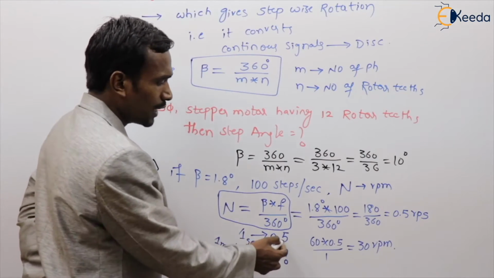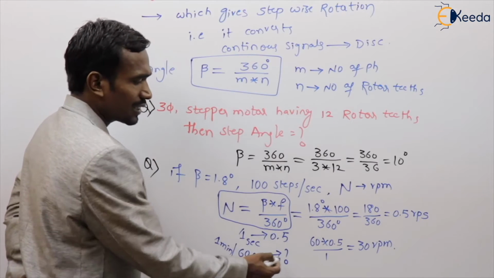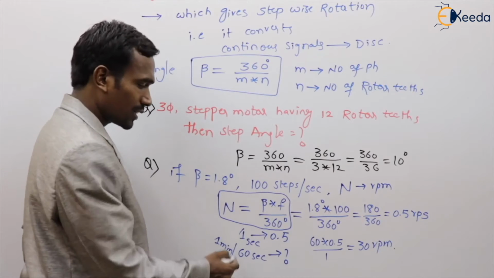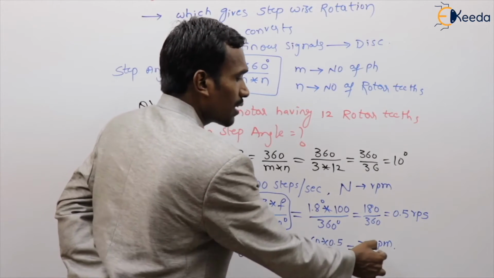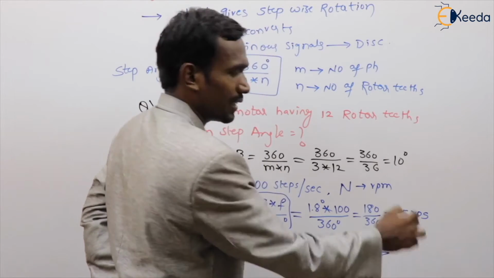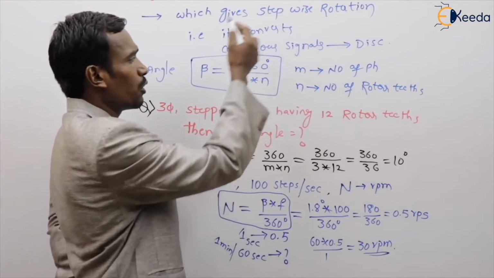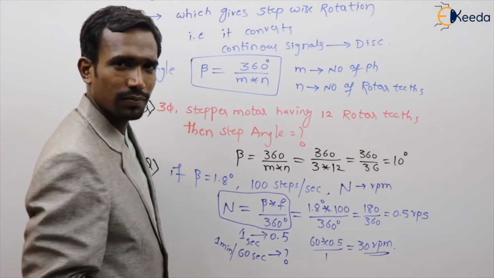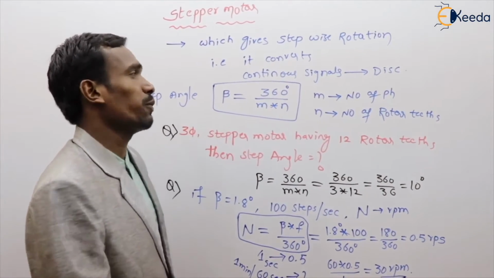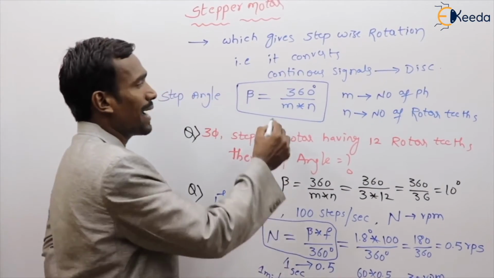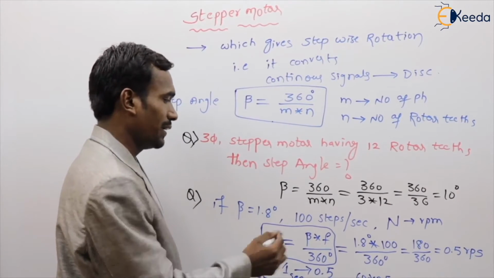For 60 seconds, that is 60 into 0.5, 30 revolutions per minute. This is about the stepper motor, which gives stepwise rotation, the step angle beta, and the speed n.